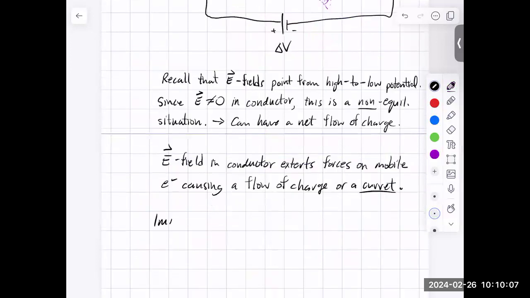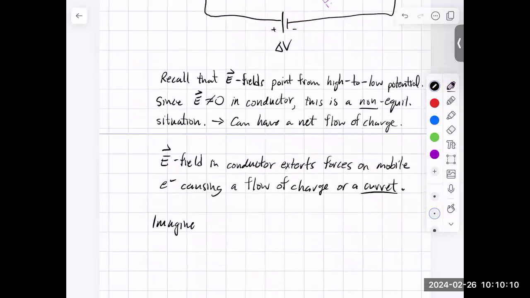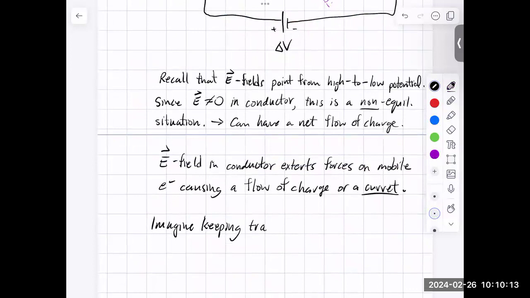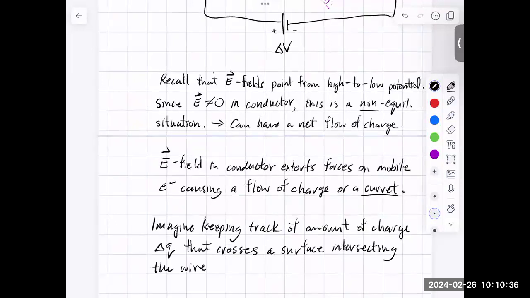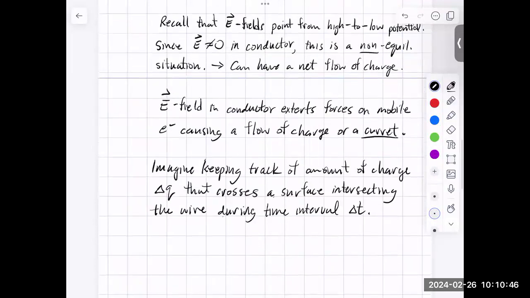So we imagine keeping track of the amount of charge, say delta Q, that crosses a surface intersecting our wire during, let's say, time interval delta T. Okay, so then what we'll do is we'll define the current as the following.